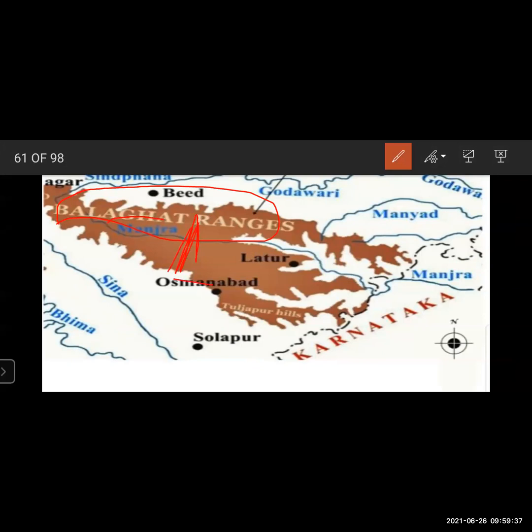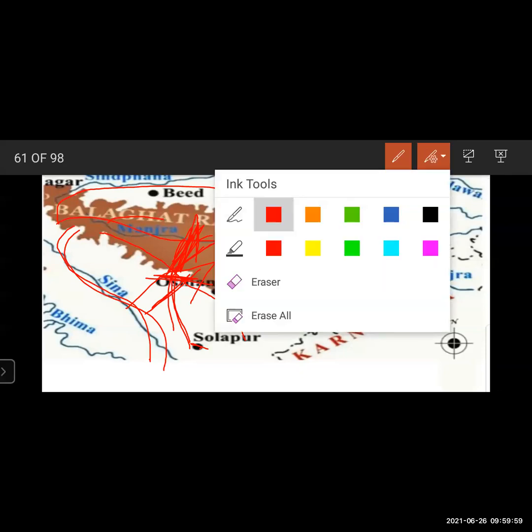So they are moving from Osmanabad, so this is the southern part. This is the western part, and this is the eastern offshoots. So when students are moving like this, this becomes the western part and this becomes the eastern part. Hope you all have understood.